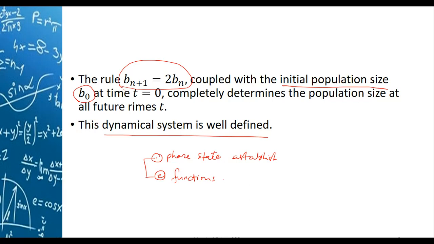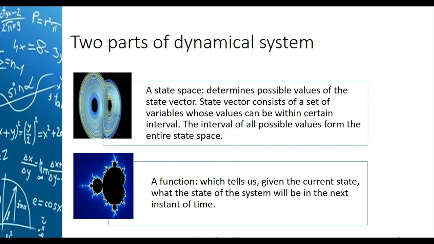By the end of the day, your dynamical system is well defined. This is what I said earlier: you need a state space, and you need a function which tells you how your system will behave in the next step in the future, given that you know what is going on right now.